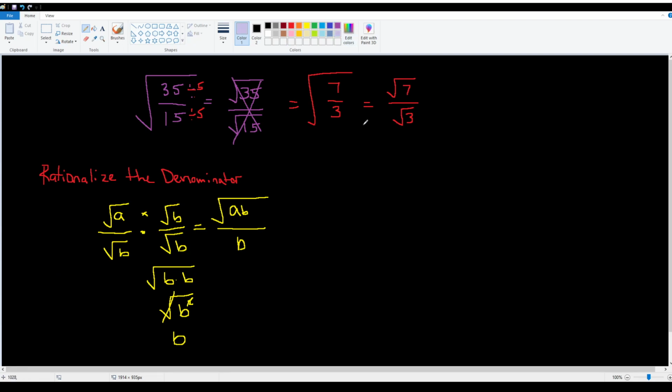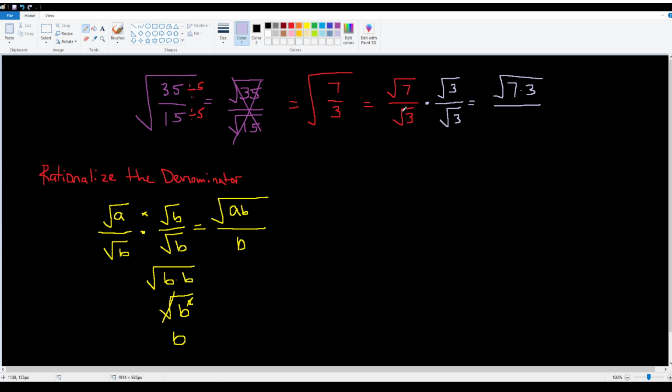So if I go back to the problem here, square root of 7 over the square root of 3, in order to simplify this, I would multiply it by the denominator, square root of 3 over the square root of 3. I would start with the numerator, square root of 7 times square root of 3. That's going to be the square root of 7 times 3.